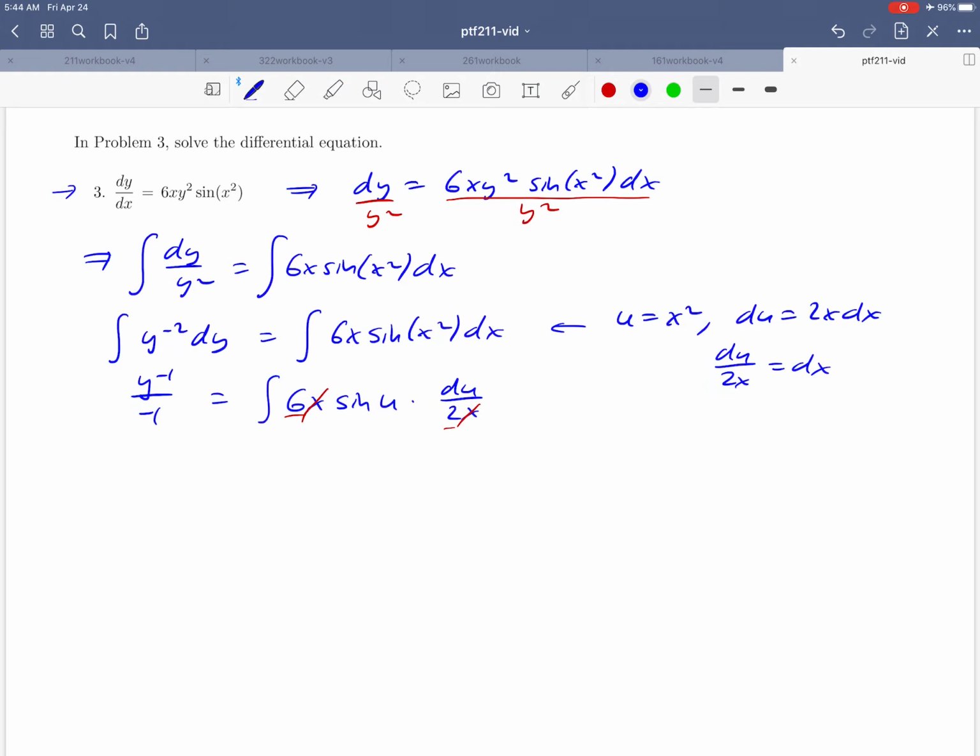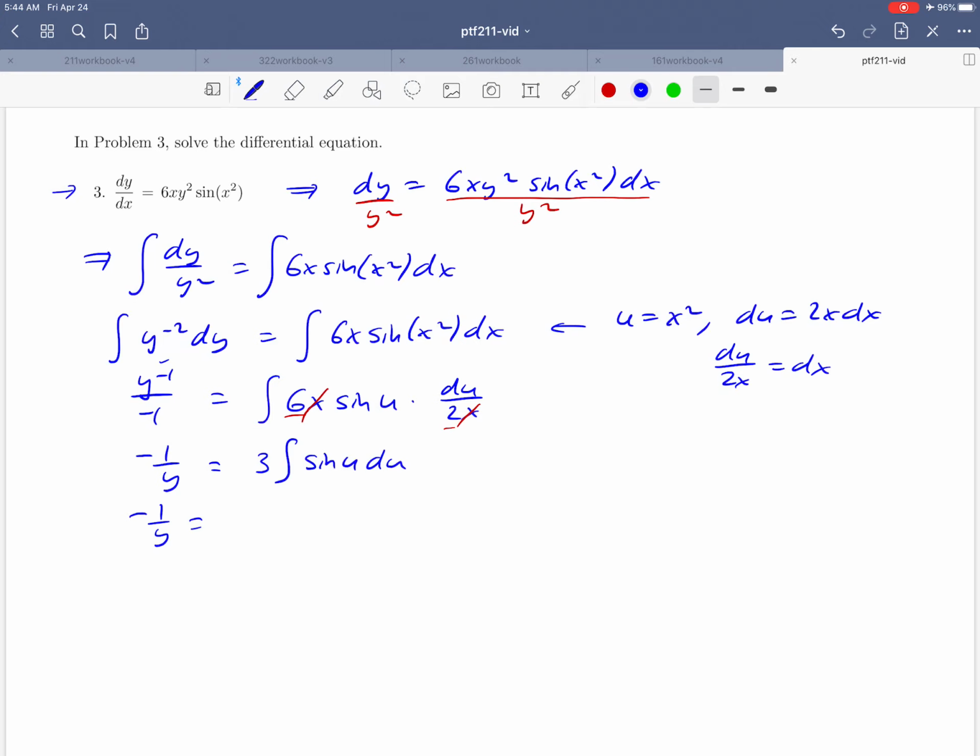So let's do a couple of things here. The y to the negative 1 over negative 1 on the left, let's rewrite that as negative 1 over y. And then over on the right, let's do our simplification. Take that 3 out, and what's left to integrate is just sine of u.